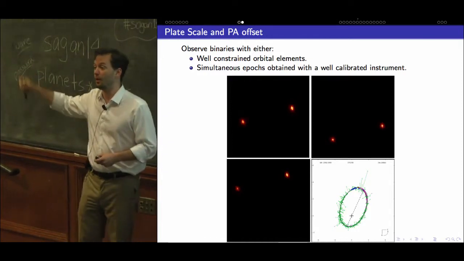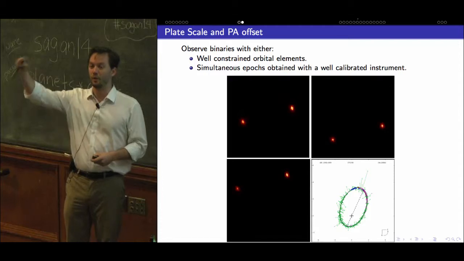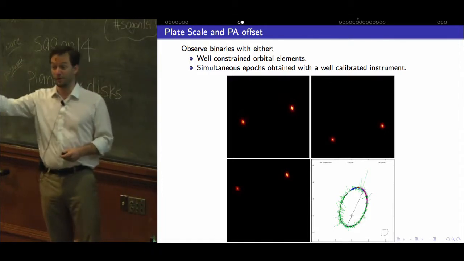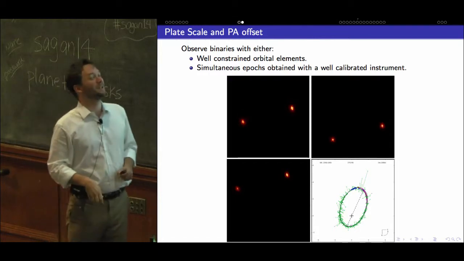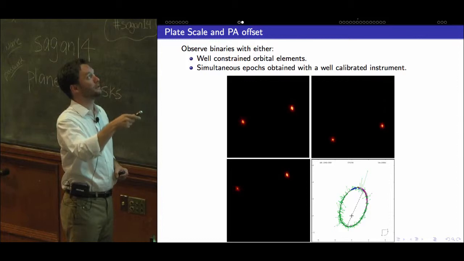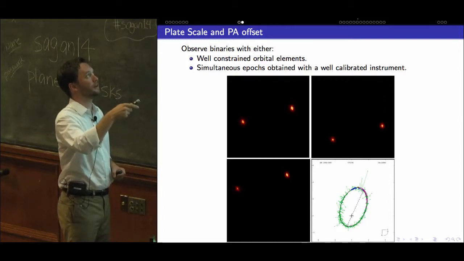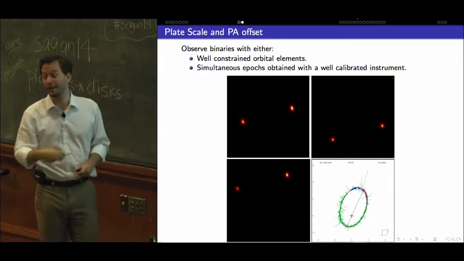So you go to the Washington Double Star Catalog, and you have these very nice binaries with grade 1, 2, 3, 4. So you pick one with grade 1, hopefully. Grade 2 if you're unlucky. Yeah, it's hard to get a grade 1. And so then you measure the relative distance and angle of the two components of the binary star.